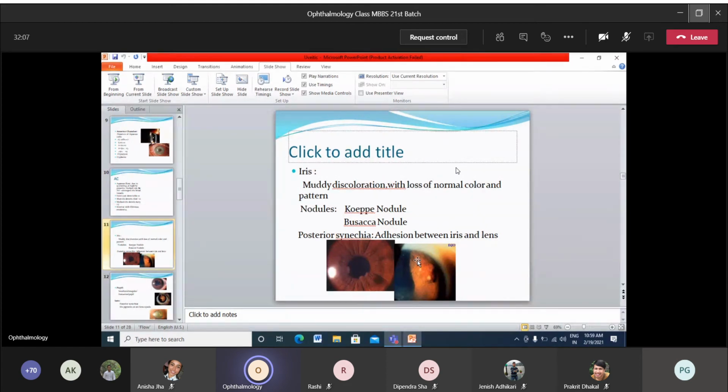And two very important things to look for in the iris are the nodules. So one is the Koeppe nodules, which are seen at the pupillary margin. So in this first slide here, you can see these nodules. These are the Koeppe nodules, which are seen at the pupillary margin.